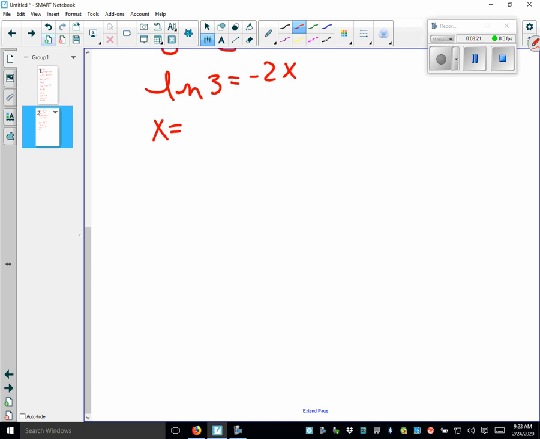I got negative 0.5. What did you all get? Negative 0.549. That's why I like more than one person to give me an answer, because if somebody made a little mistake, we can catch it. How is this so far?